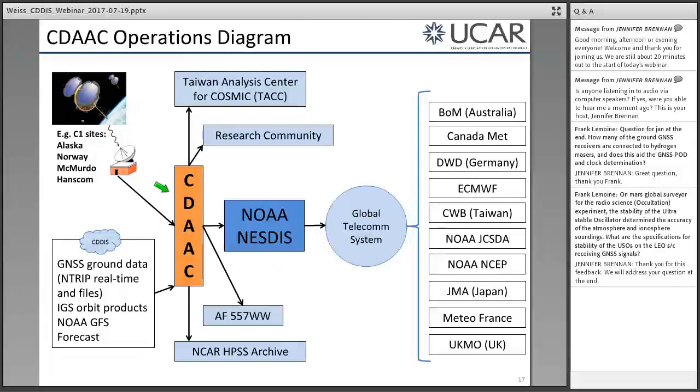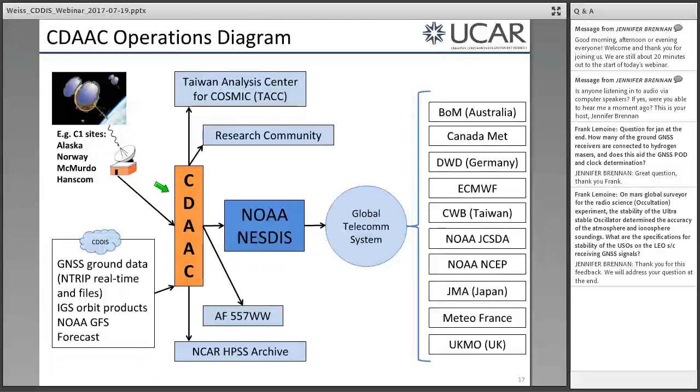We take those data in combination with other things, such as GNSS ground data, derived from or taken from real-time streams. There's a format called NTRIP, as well as file-based data sets. So CDDIS is an important contributor here.